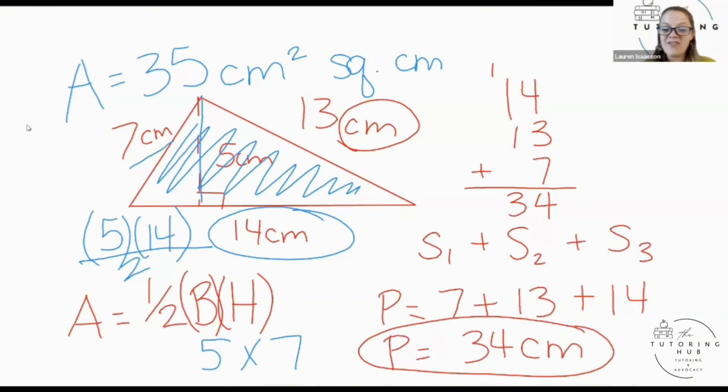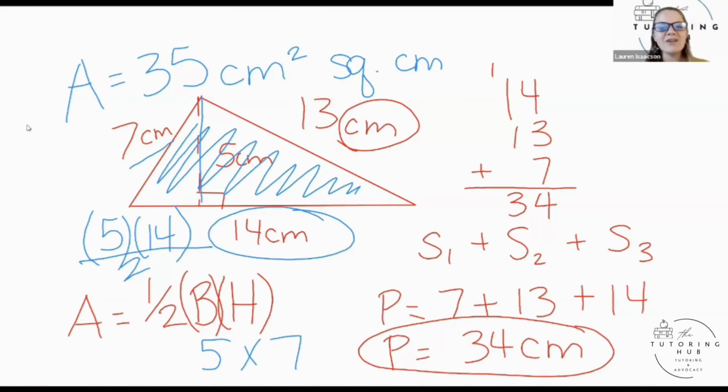How did you feel about finding the area of this triangle? Easy, medium, hard? If you found this a challenge, go ahead, find something in your house. Create a new problem on your own.